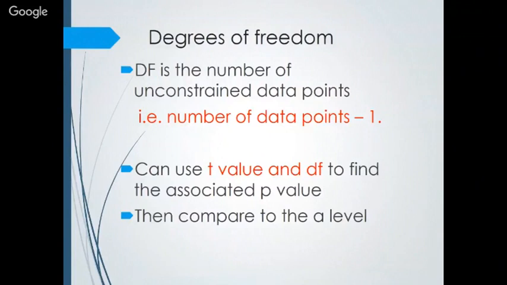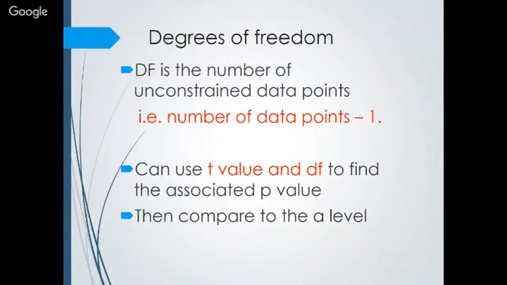After that, we have to check the T value against the table value, the theoretical population, theoretical probability. For that we require the degrees of freedom. Degrees of freedom is the number of unconstrained data points. Simply saying, the number of data points in the first group is n1, and the number of data points minus 1 gives the degrees of freedom.